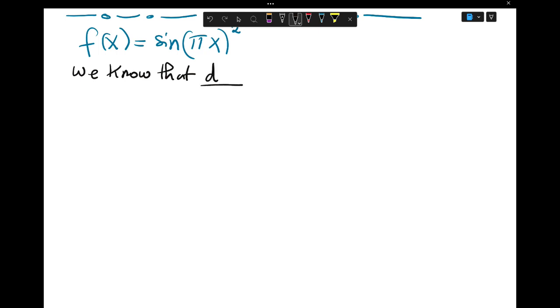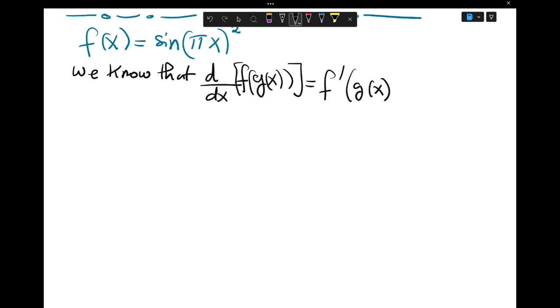if you want to find the derivative of a composite function, d of f of g of x, this is equal to f prime of g of x times g prime of x.